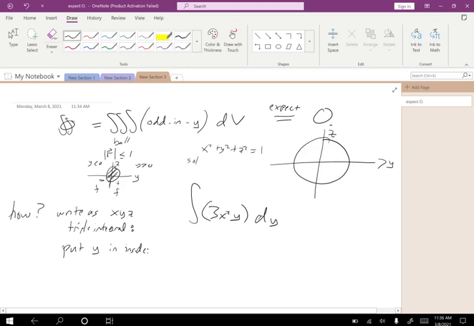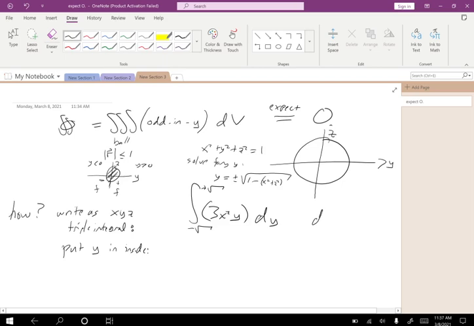If you solve for y, you get y equals plus or minus the square root of 1 minus x squared minus z squared. I'm just going to abbreviate this by minus the square root to plus the square root. Hope you all know what I mean by that.